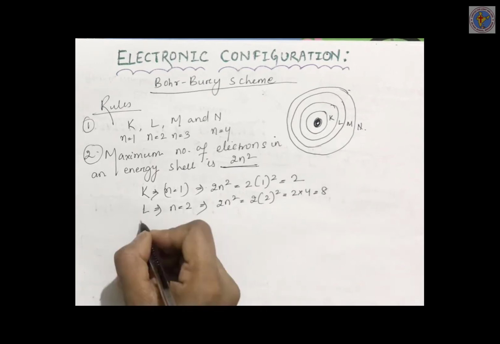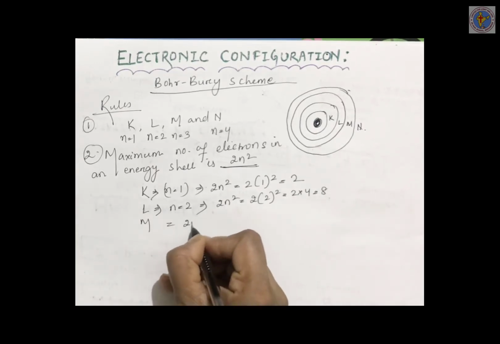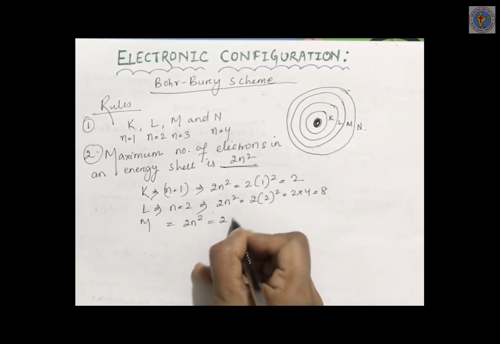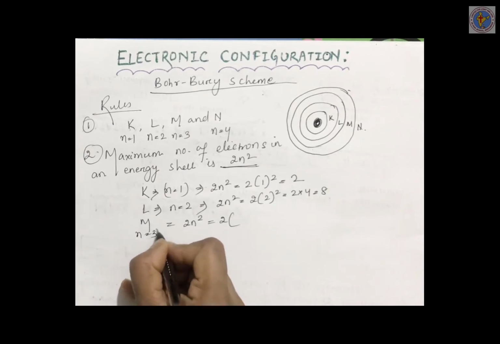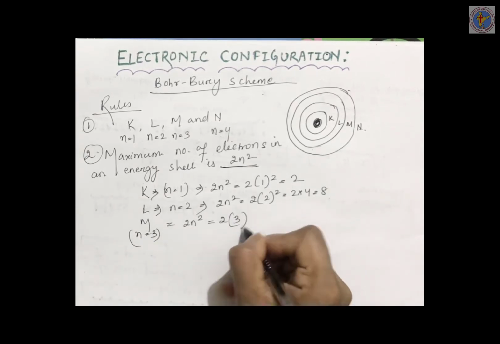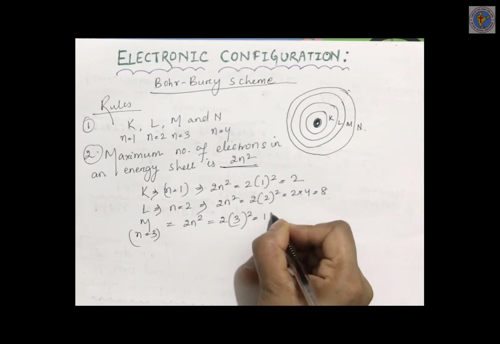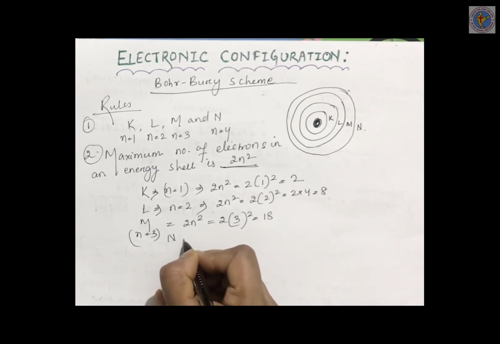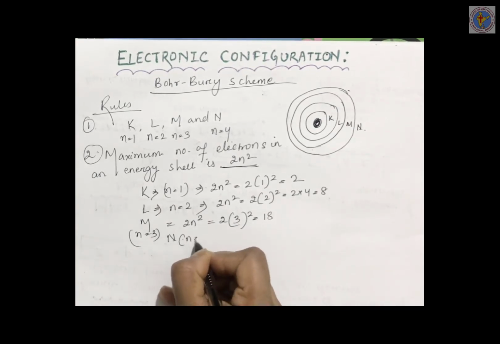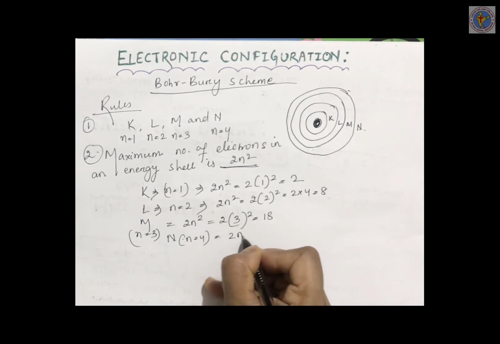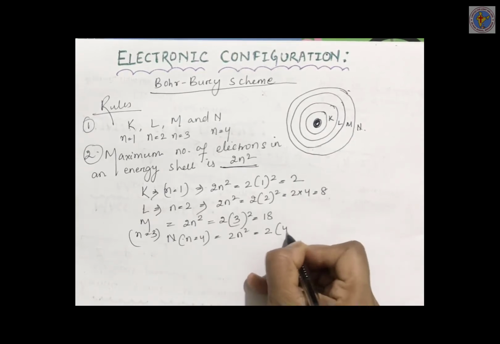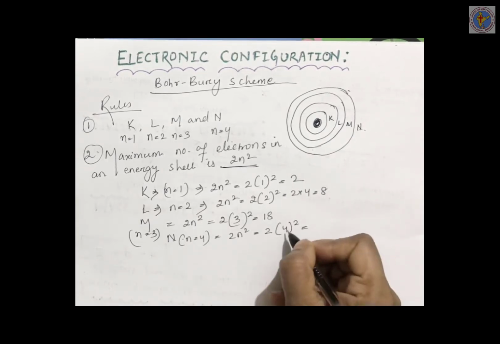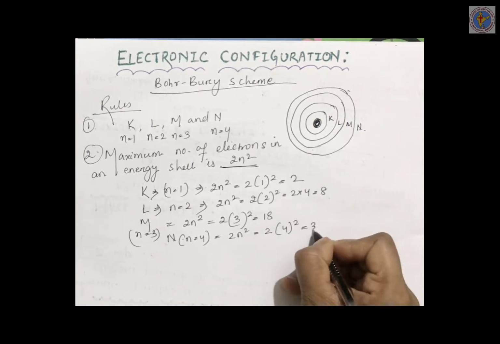That is 8. For M, we know that here n is equal to 3. So 2 into 3 square, that is 18. Similarly for N, n is equal to 4. So 2n square means 2 into 4 square. 4 fours are 16, 16 twos are 32.